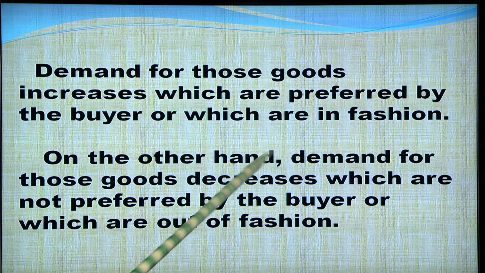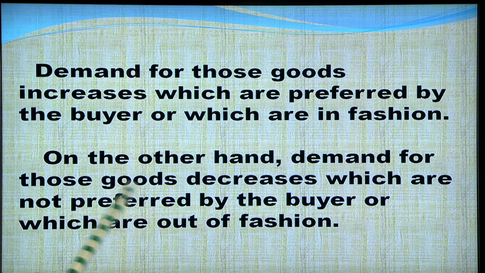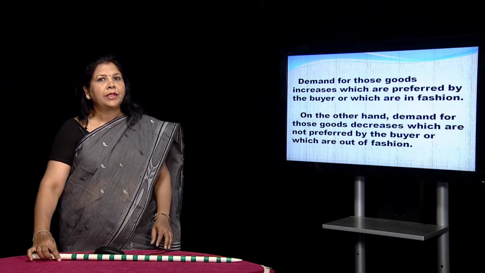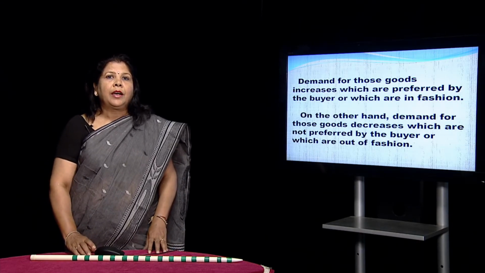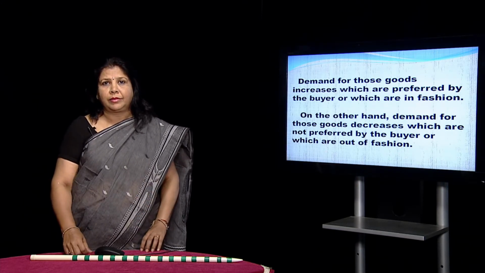On the other hand, demand for those goods decreases, that is falls, which are not preferred by the buyer or which are out of fashion. A very good instance of this is a person may have a garage sale of all outdated goods.